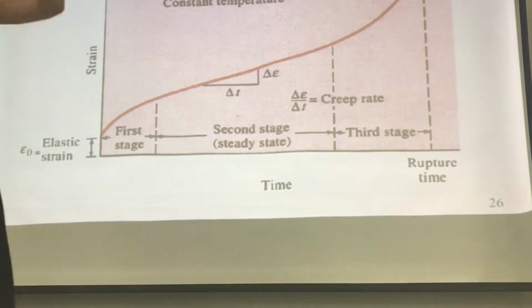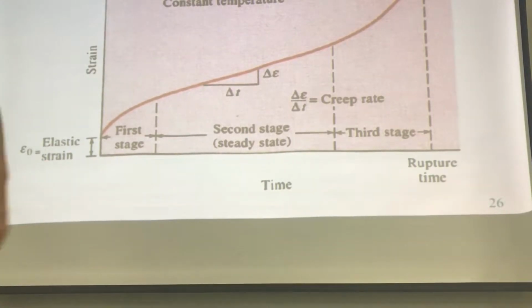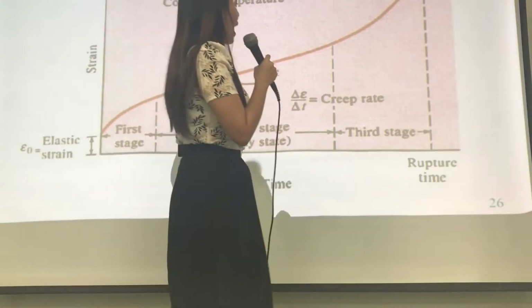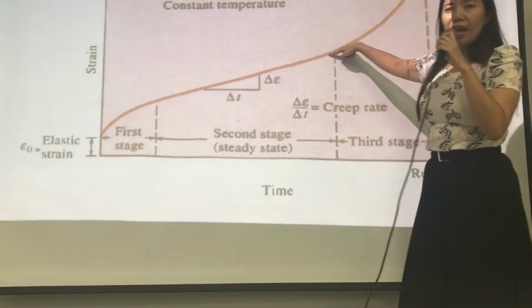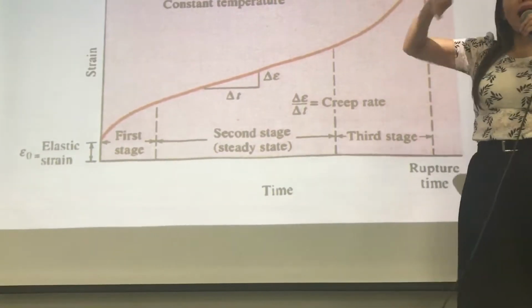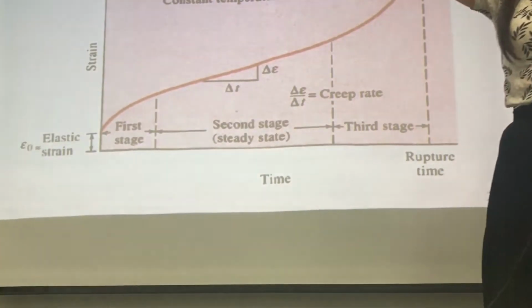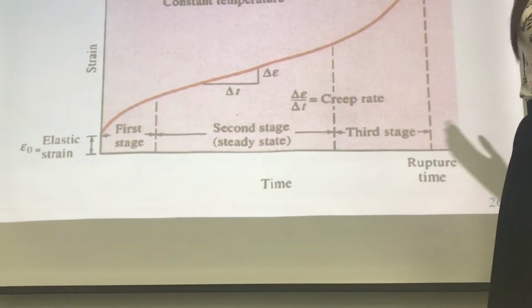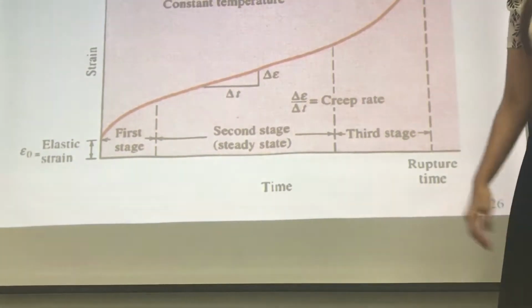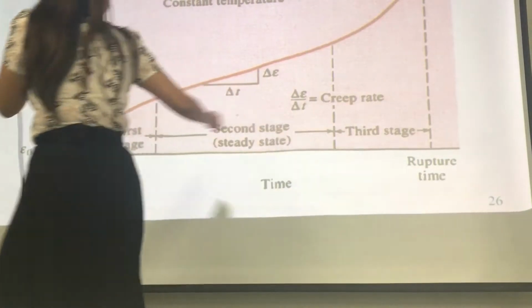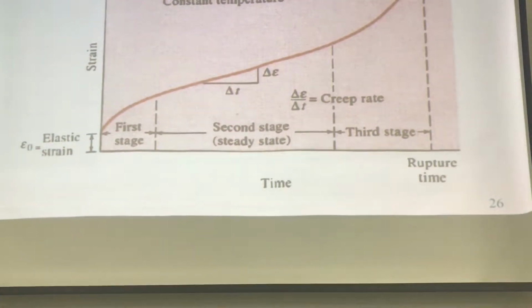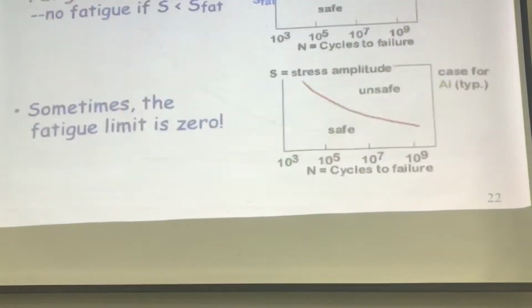You need to stop using it, because if it exceeds this range of constant rate, the rate of creep will become larger and larger, and it will fail very fast. Okay, so that's pretty much the creep part.